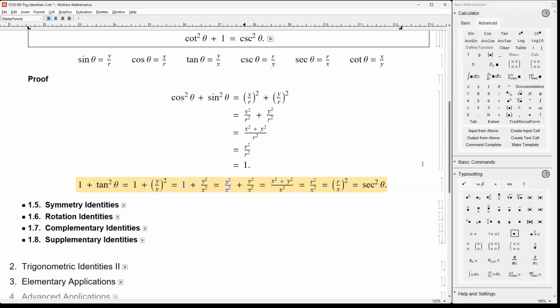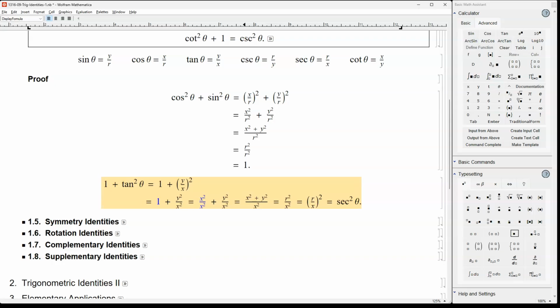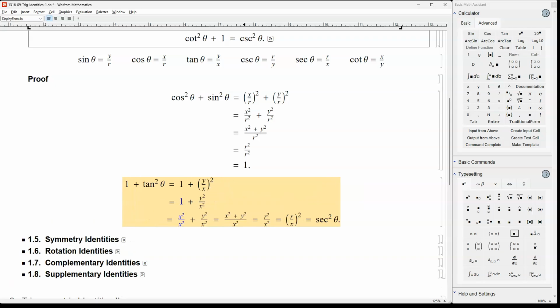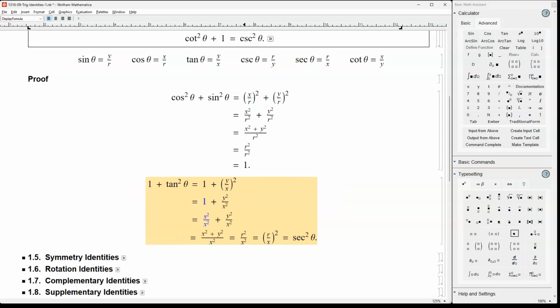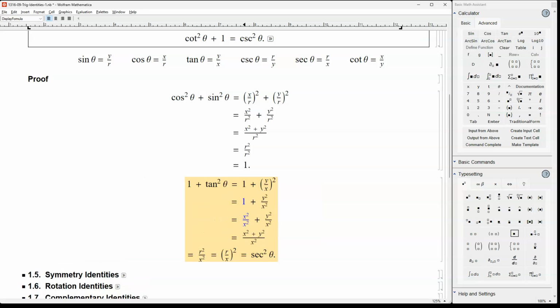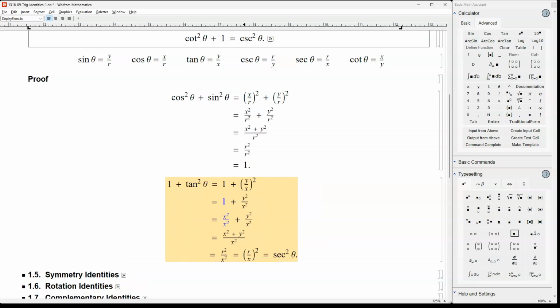Well, too long, so let's rewrite like this. Align the equality. Align the equality. Align the equality. Ooh, I have to do it several more times.